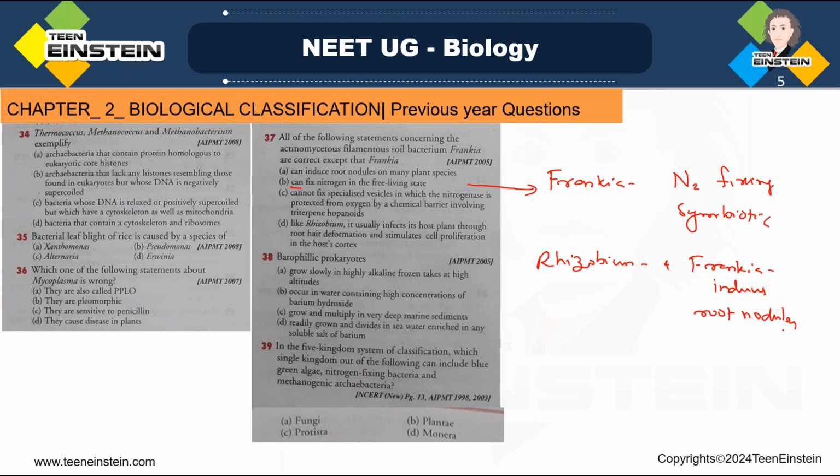Okay, and this is associated symbiotically with the root nodules of several non-leguminous plants also. Which are the plants like casuarina, alnus, rubus, etc. And that cannot fix nitrogen in the free state. It is forming root nodules, and in the free state it cannot fix nitrogen.